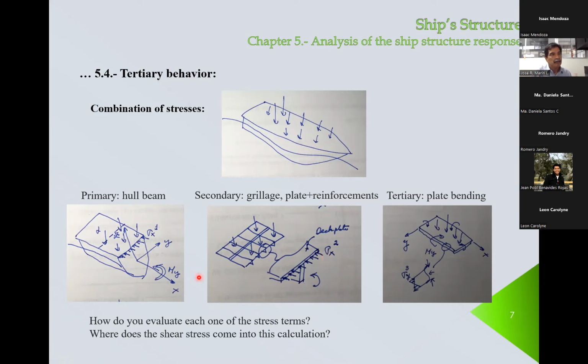Excuse me, doctor, I have a question. What thickness do we have to consider in the tertiary behavior, at the center or at the side? I don't think you're going to have much of a difference.